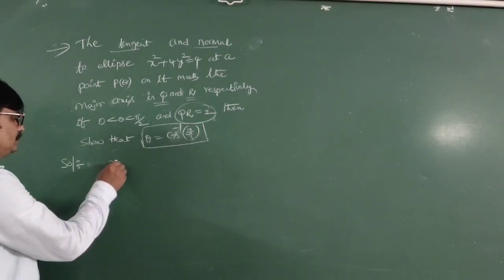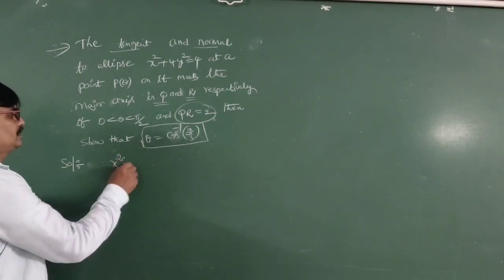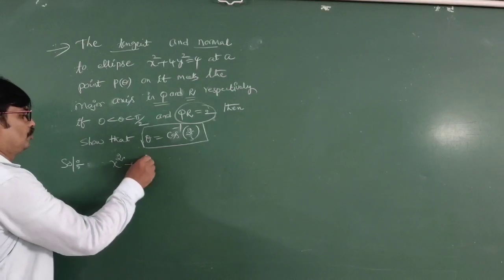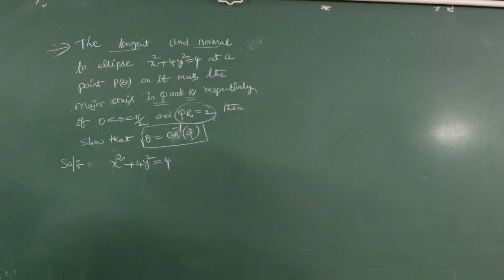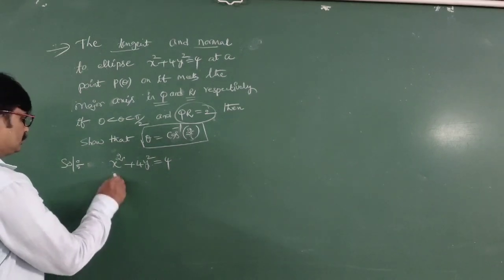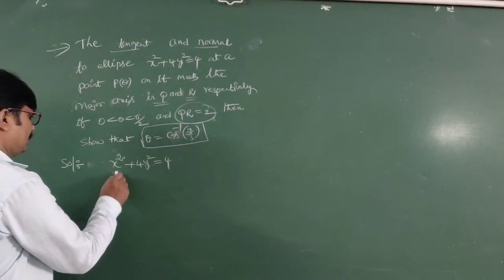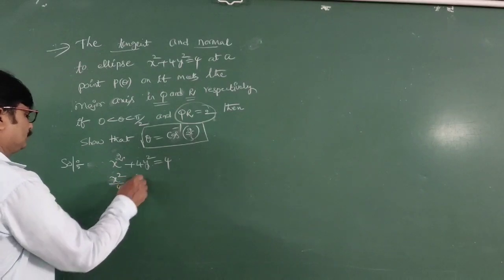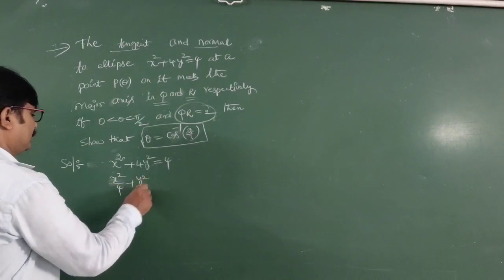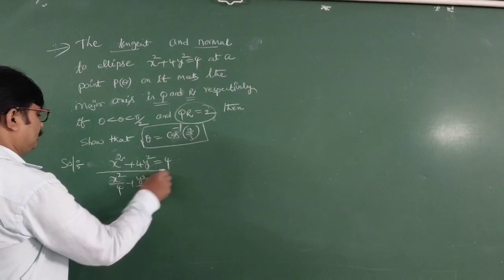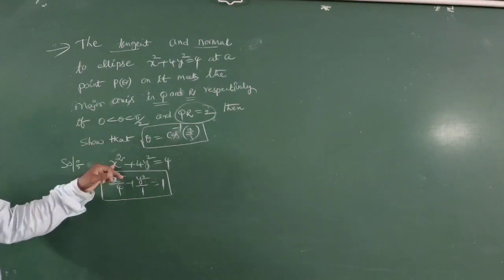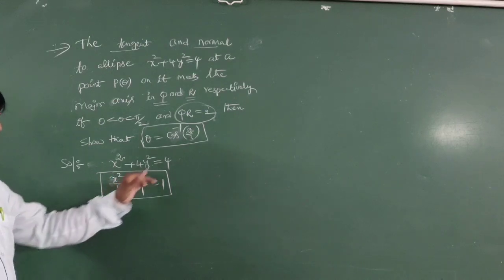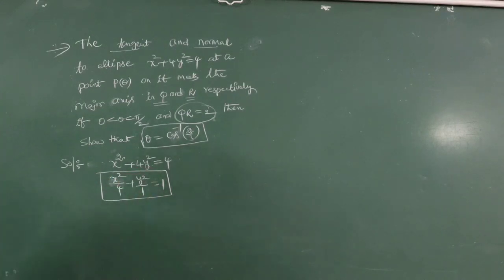Dear students, the given ellipse is x square plus 4y square equal to 4. Dividing by 4, we get x square by 4 plus y square by 1 equal to 1.